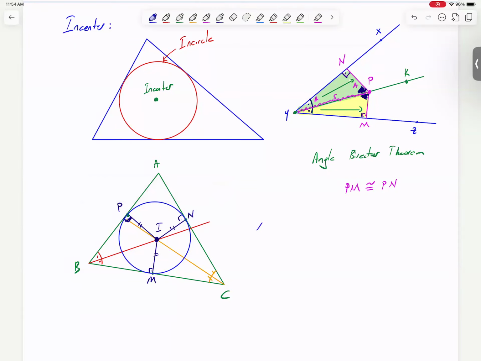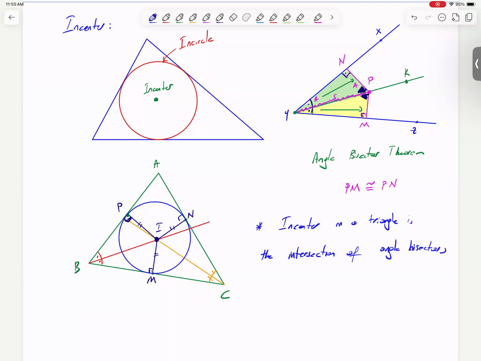All right, let's write now the location of the incenter. The incenter in a triangle is the intersection of the triangle's angle bisectors.